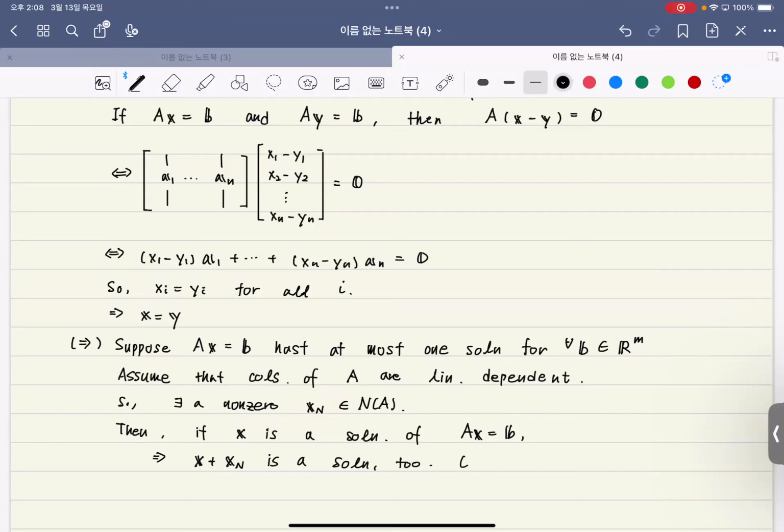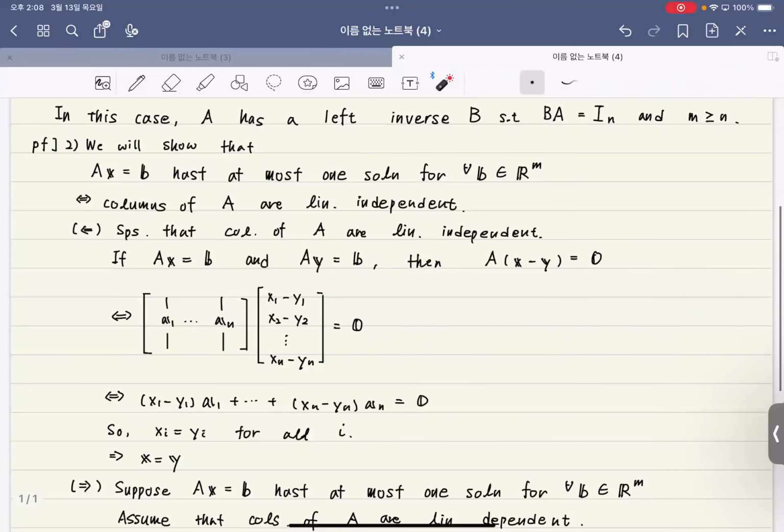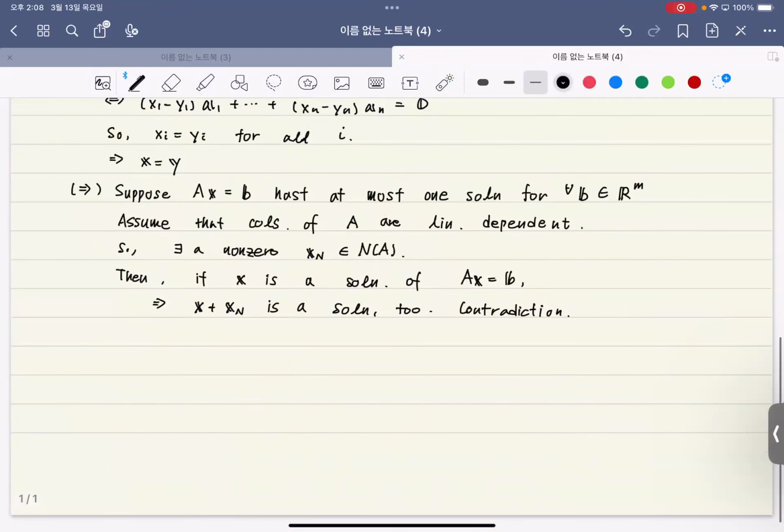All right. So this condition is equivalent to the columns of A being linearly independent. Therefore, the null space of this matrix must be the trivial subspace, which has the zero vector only.